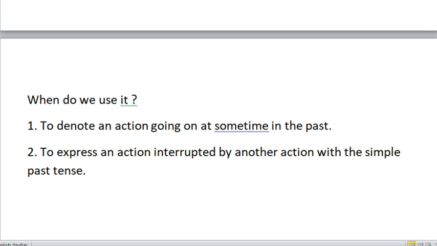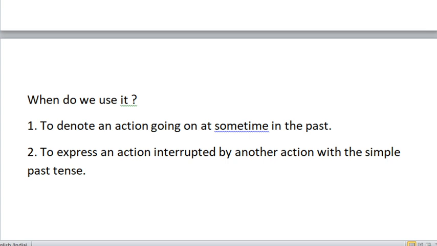For example, when I was watching a movie, my father came. मी टीव्ही पाहत असताना माझे वडील तिथे आले. Okay, so this is how interruption is done. The arrival of my father interrupted me.